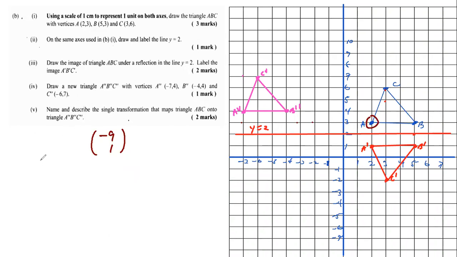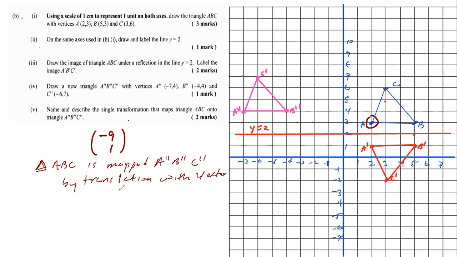Triangle ABC is mapped onto A double prime, B double prime, C double prime by translation, by translation with the vector negative 9 and 1. And that will give you full marks.